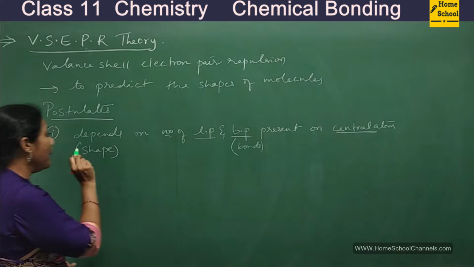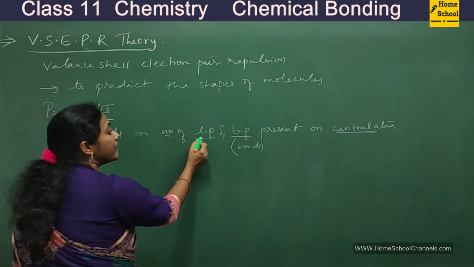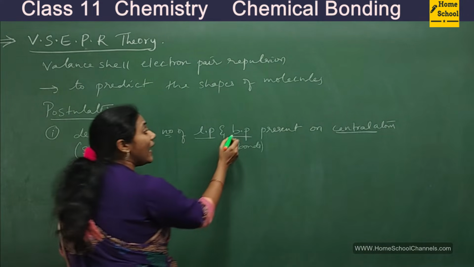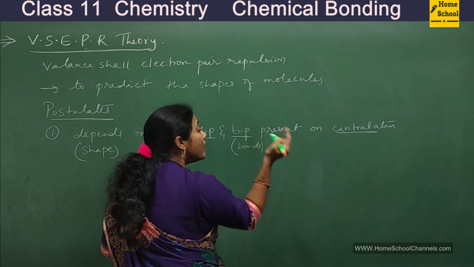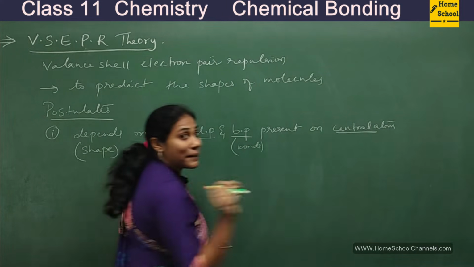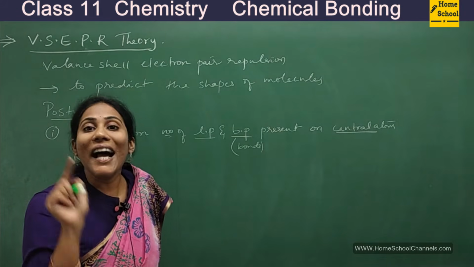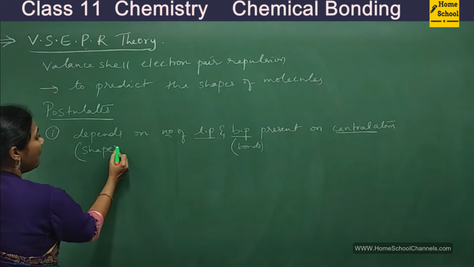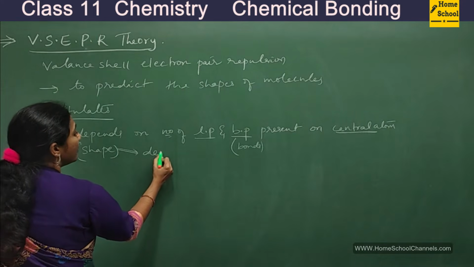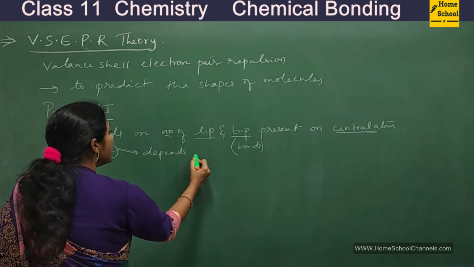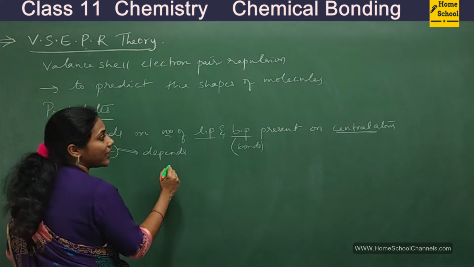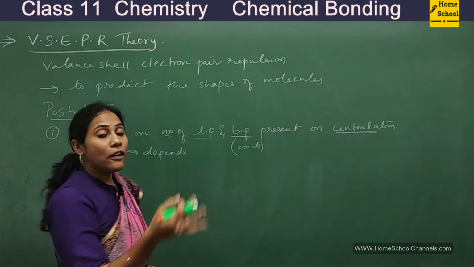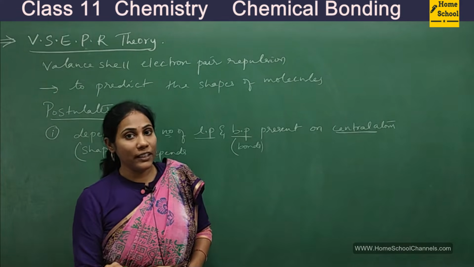So shape always depends on the number of lone pairs and the number of bond pairs present on the central atom of a molecule. Clear? And shape also depends on repulsions that exist between these lone pairs of electrons and bond pairs of electrons.